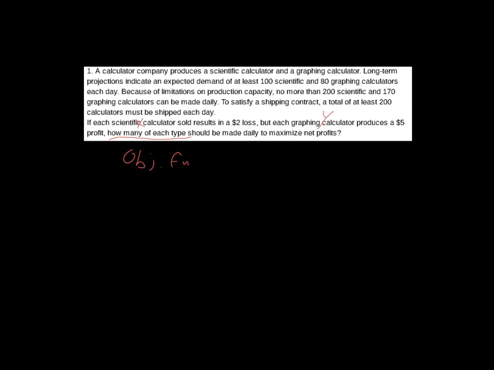Our objective function is negative 2x, because scientific calculators give us a $2 loss, and a graphing calculator gives us a $5 profit. So 5 times the number of graphing calculators. That is our objective function, negative 2x plus 5y. And we also know we are trying to maximize our profits.